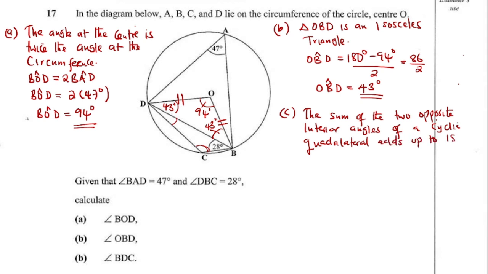To 180 degrees. So meaning the angle at A, which is BAD, plus the angle at C, which is BCD, should be equal to 180.